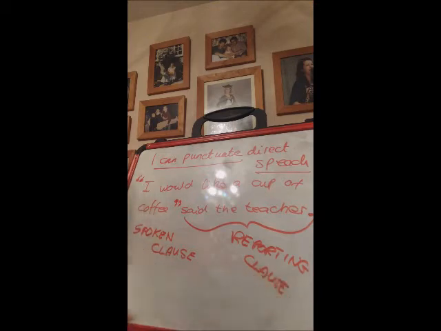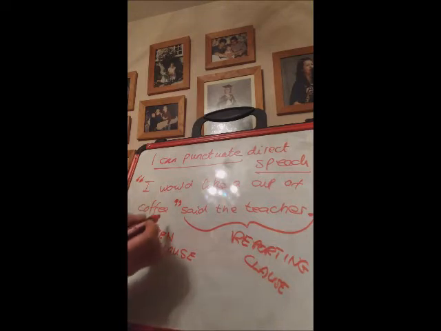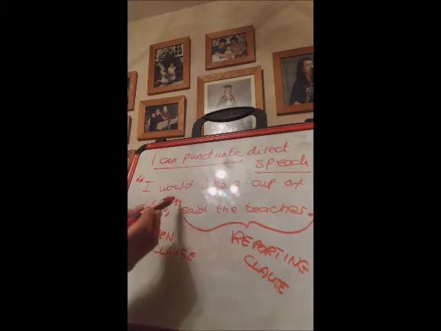Now, some of you may know that when you have two clauses in a sentence, they have to be separated either by a conjunction or by a comma, and in this case we're going to separate them with a comma, and the comma goes just here. It goes after the last word that the person says, but before the speech marks.